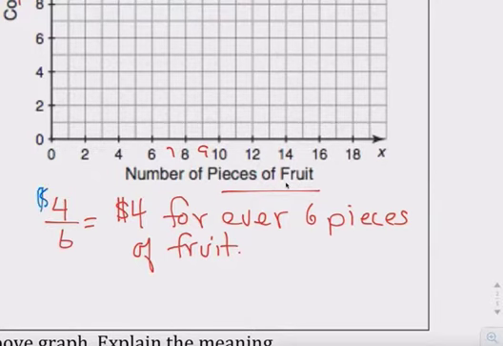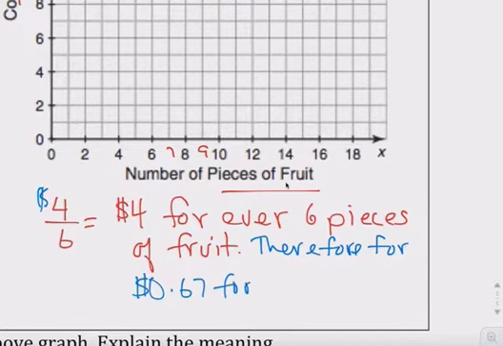So you divide, right? 4 divided by 6 is 66 cents, 67 cents. Therefore, it's 0.6 repeating. Therefore, for one piece of fruit, 67 cents for each fruit, for one fruit.